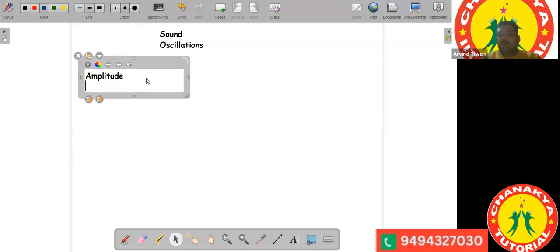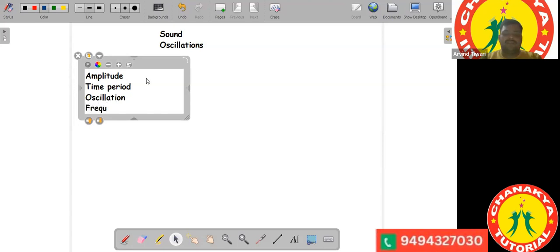Amplitude. Then we have studied time period. Then we have studied oscillation. Then this is the term which we have not studied, that is frequency. So these are the four things we need to understand from the oscillation.